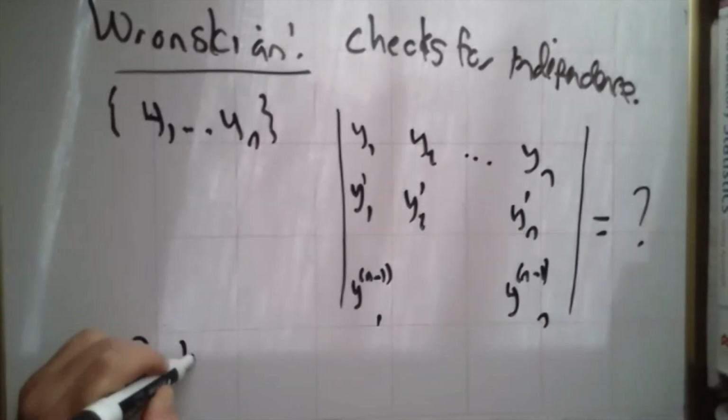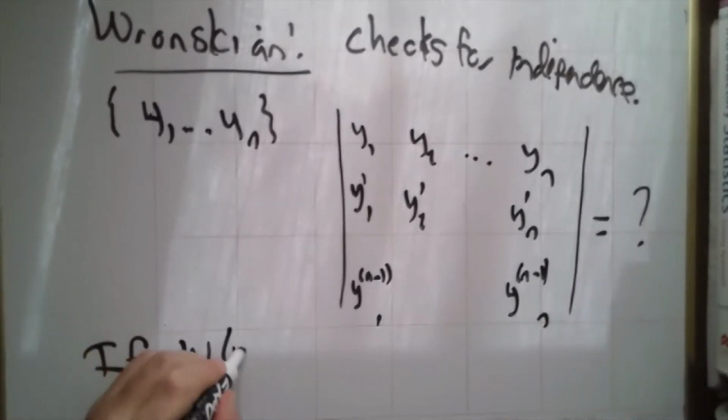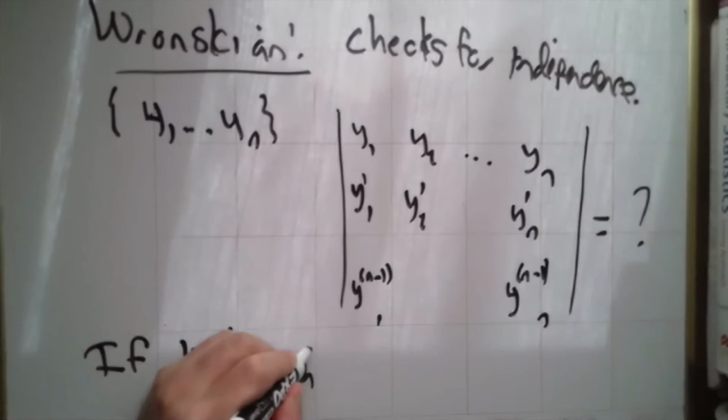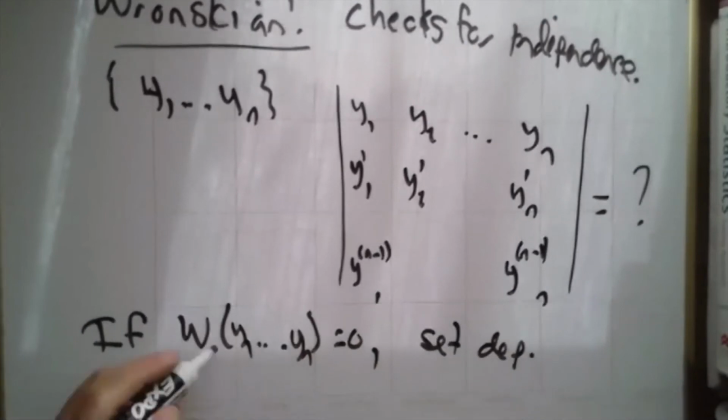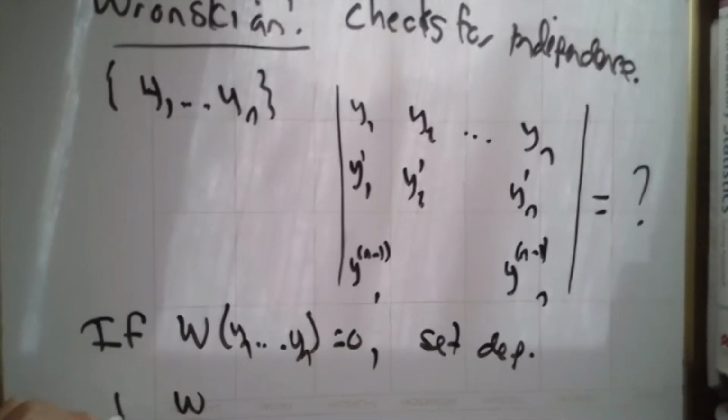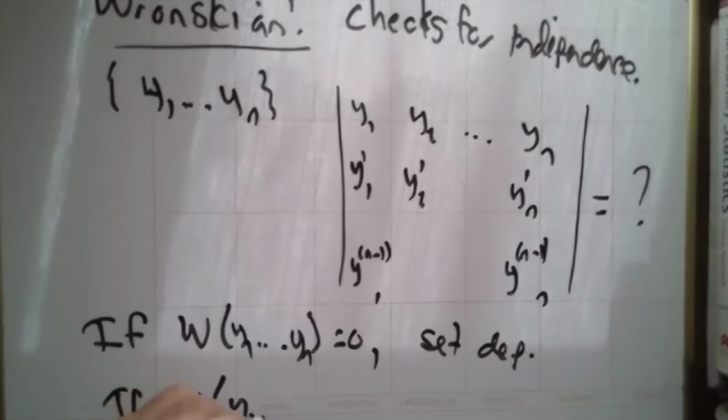So if the Wronskian of this set, y1 up to yn, equals 0, the set is dependent. If it does not equal 0, the set is linearly independent.